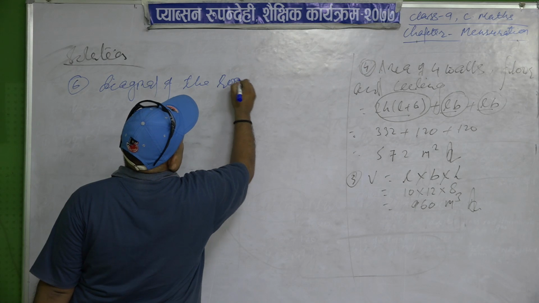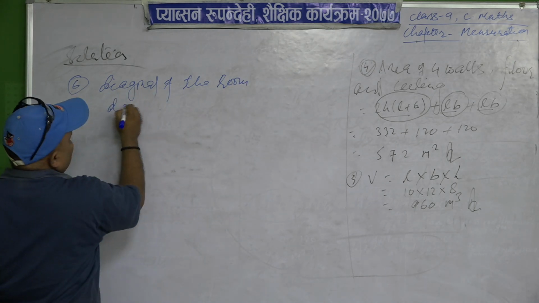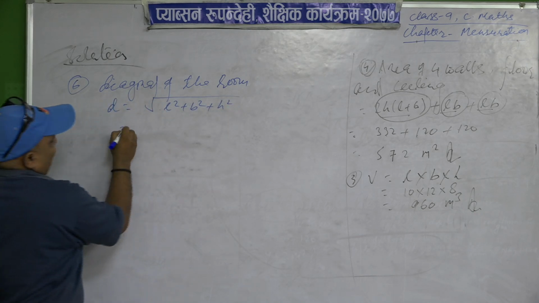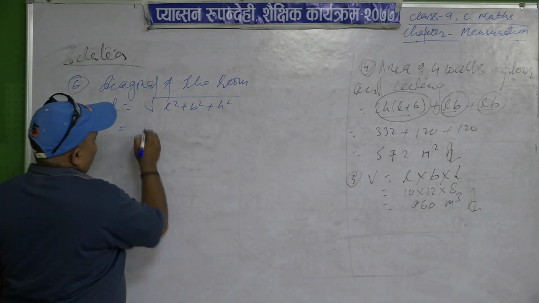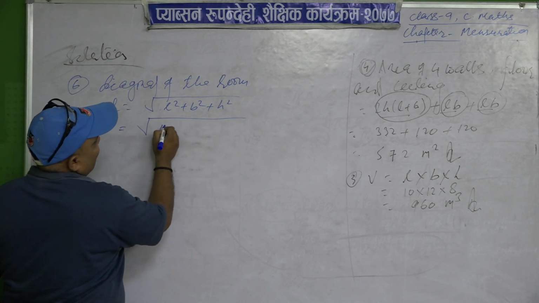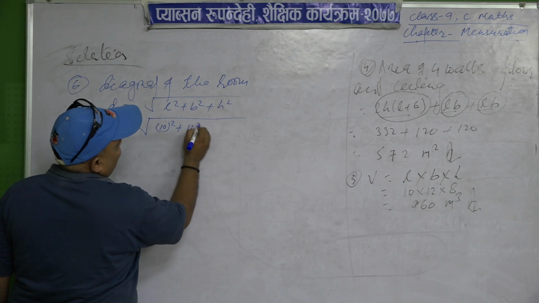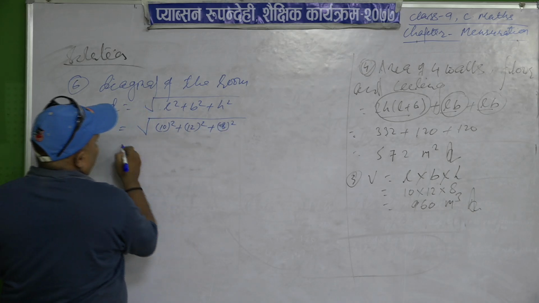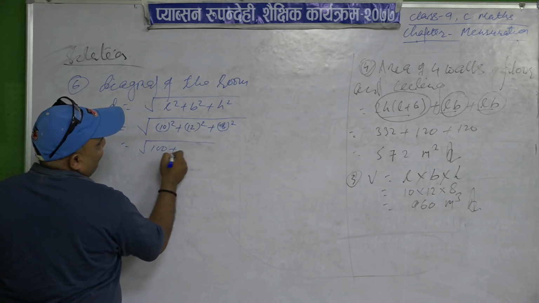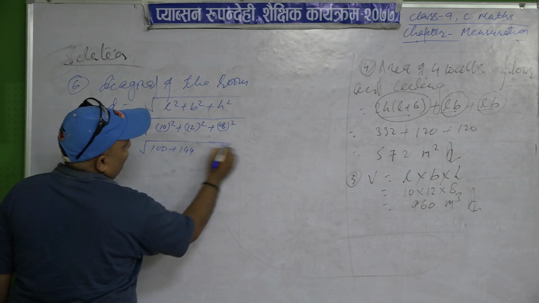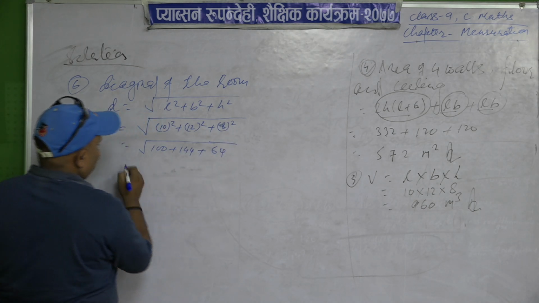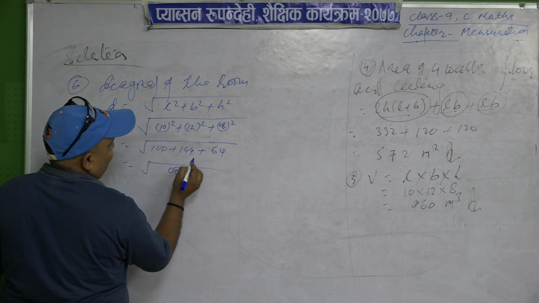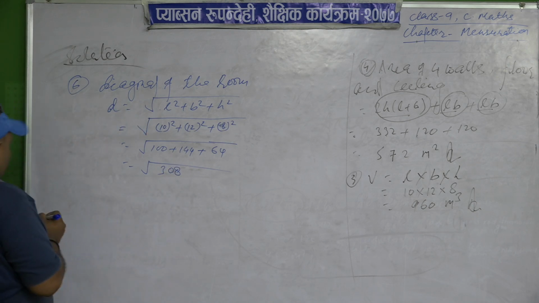Diagonal of the room D is under root L square plus B square plus H square, and all diagonals are equal. Under L means 10 whole square, B means 12 whole square and 8 whole square. The square of 10 is 100, square of 12 is 144, square of 8 is 64. Then 308.